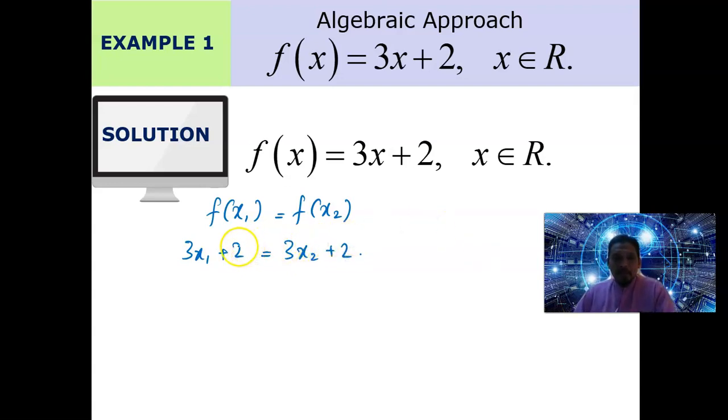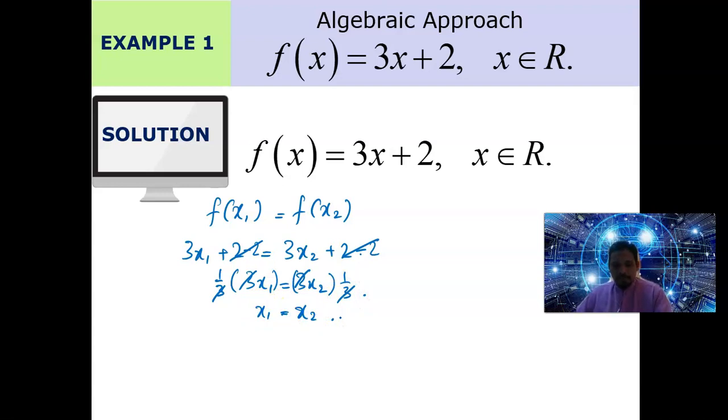We minus 2 on the left side and on the right side, or just bring it to the other side and it becomes negative 2. It's up to you. So 3x1 equal to 3x2. Divide by 3 left and right, so then it is x1 equal to x2.